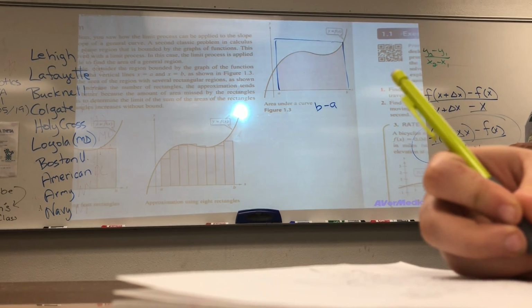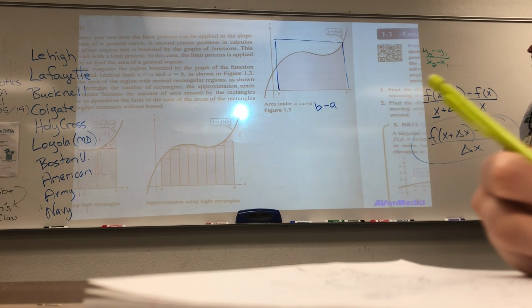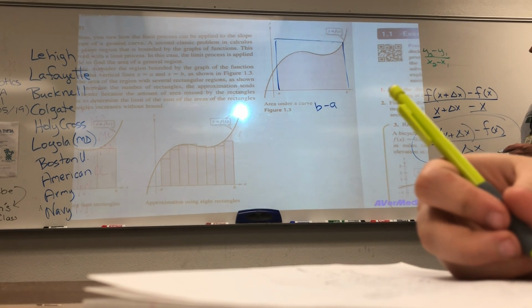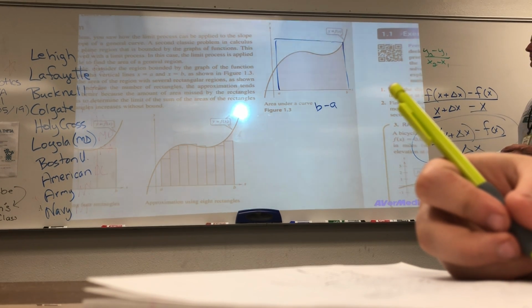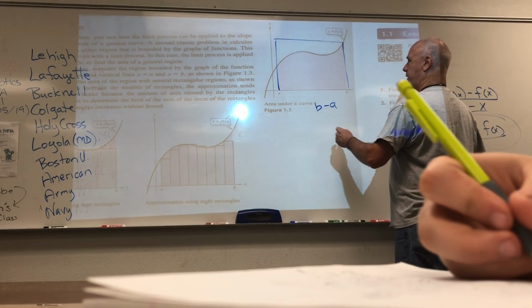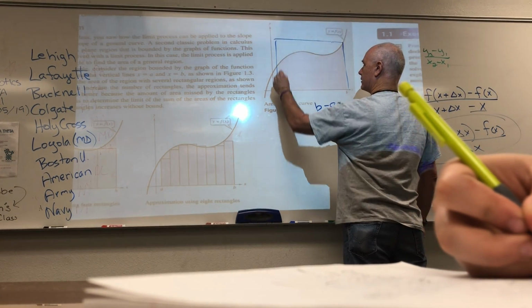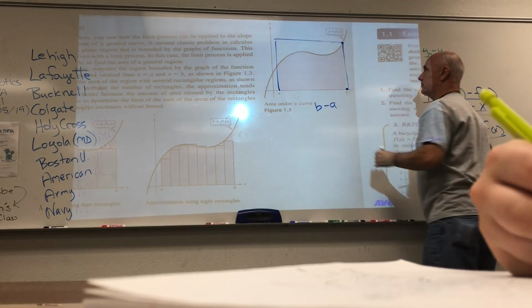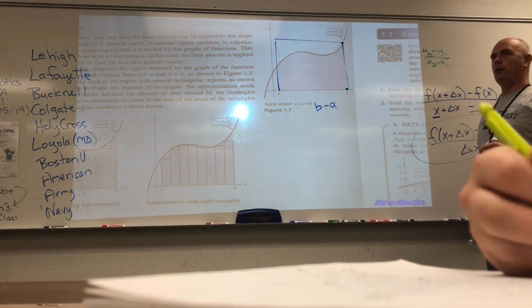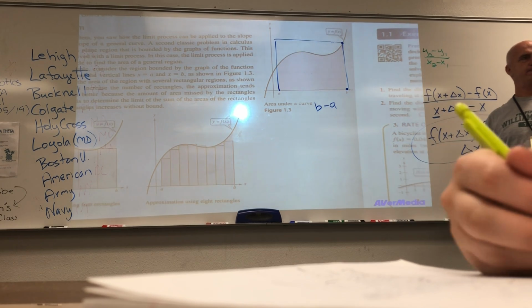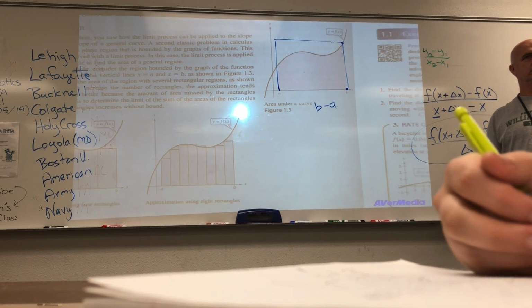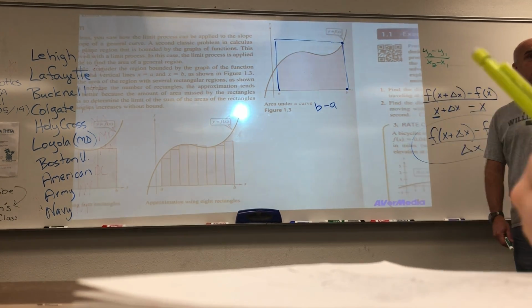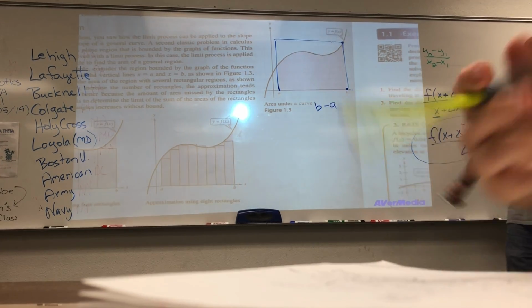What's the height? So basically the height goes from here to here, or better yet, probably from here to here. How can we write that top point? F of B. Good. Does that make sense?